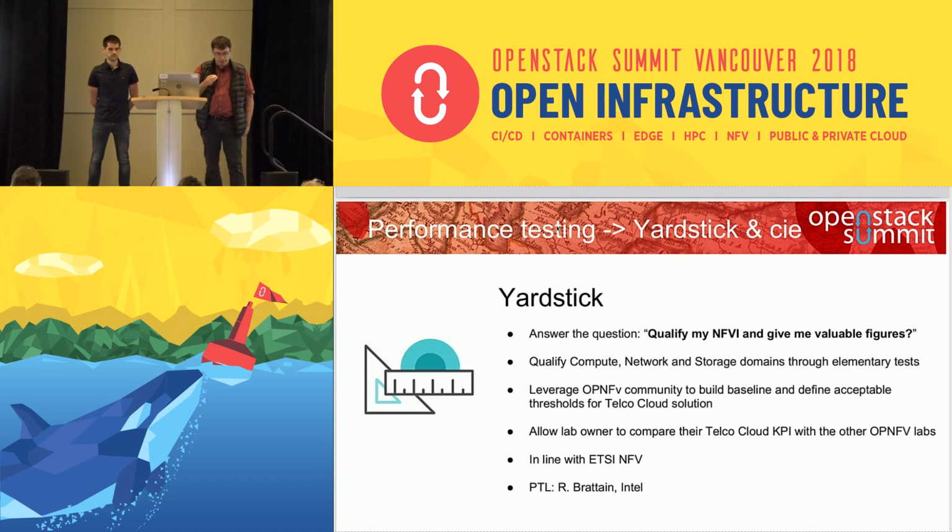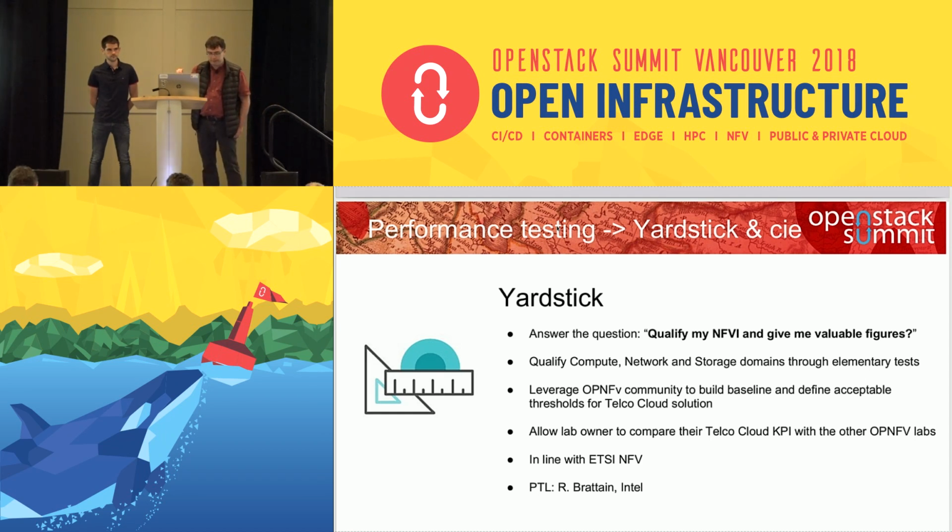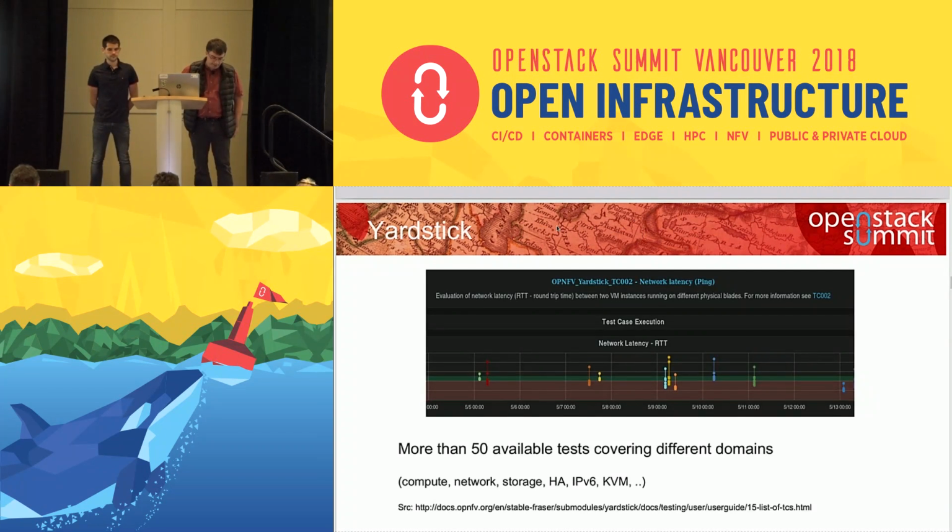So the Yardstick project was created for that, relying on atomic tests, to be able to give figures, to qualify, and to compare the results with other tests. The PTL is from Intel, Ross Brighton, and it is in line with ETSI NFV testing. So there is close work between standardization of these atomic tests and the implementation in Yardstick OPNFV.